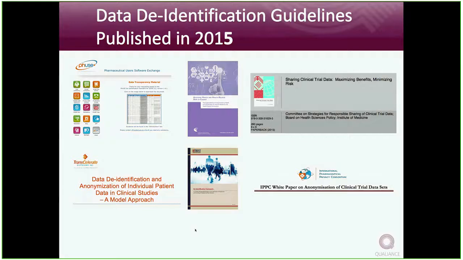Recently, in 2017, a number of data protection agencies have also written their own guidelines. Some of them are quite extensive and quite technical. So the field continues to evolve extremely fast, and there's more and more awareness around data identification and the need to anonymize data in many contexts.